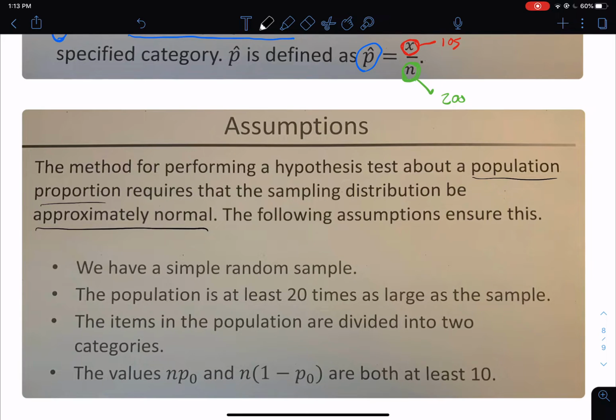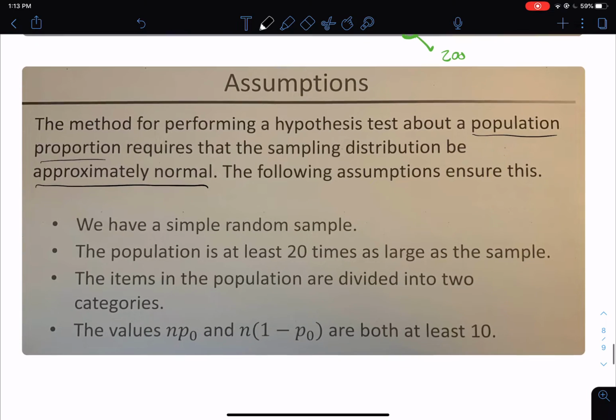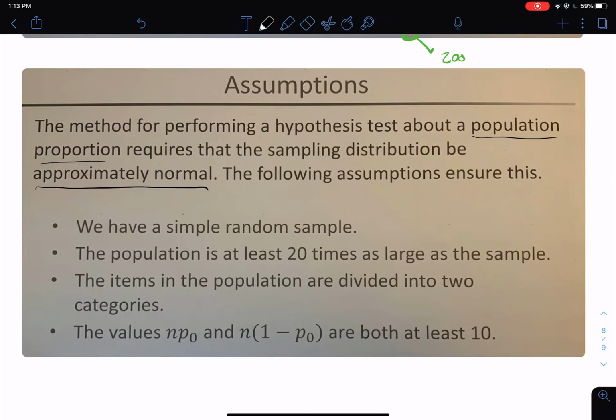If these assumptions are satisfied, then we can be sure that the sampling distribution will be approximately normal. And then once it's normal, of course, we could use z-scores, all these different things that work on normal distributions. First of all, number one, we have a simple random sample, okay?